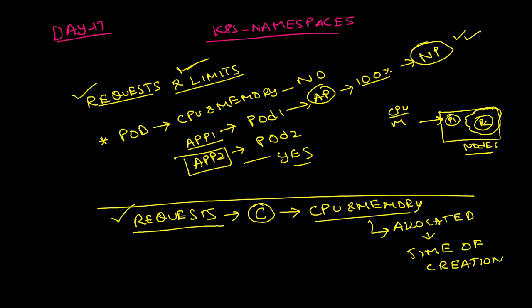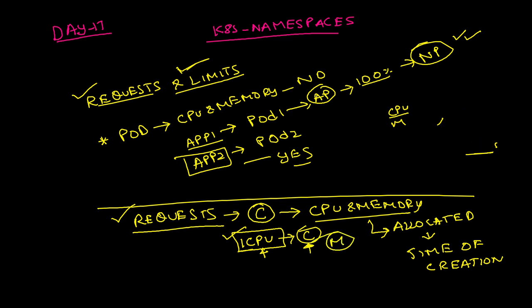If I mention one CPU, then this one CPU will be allocated to my container at the time of creation. It doesn't matter if it is going to utilize it or not. So this is the amount of CPU which is going to be allocated to my container. In the same way we can allocate the memory too.